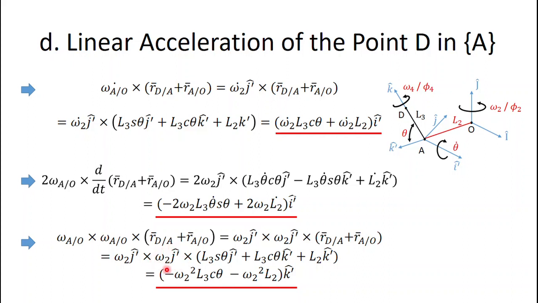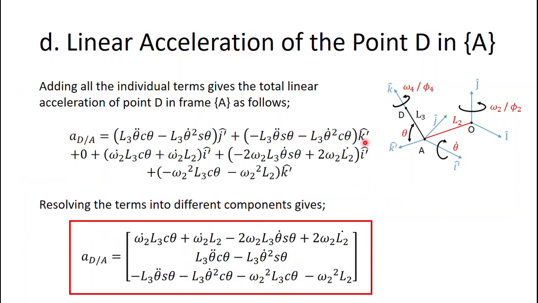When we take the cross product with j prime, the terms in j get cancelled and we get j cross k as I, and then j prime cross I turns out to be negative k. That's why we have the negative sign in there. All right. Now we have these 5 terms and we can just add them together to give the total acceleration of point D as represented in frame A.